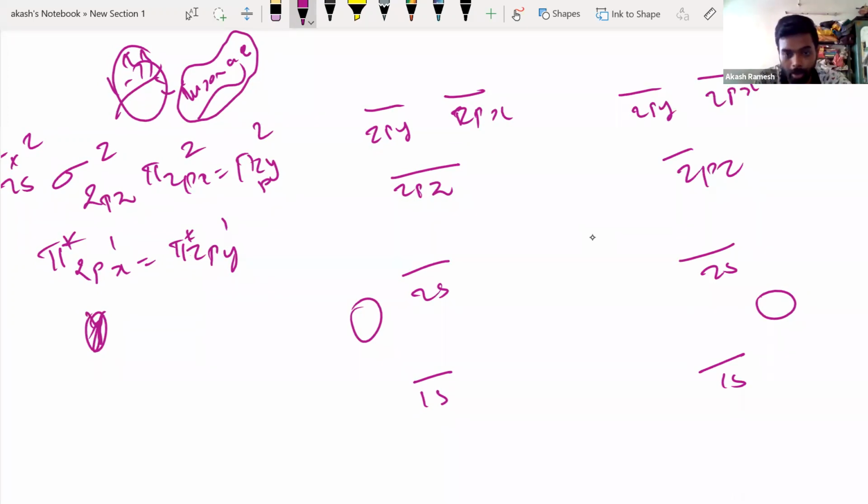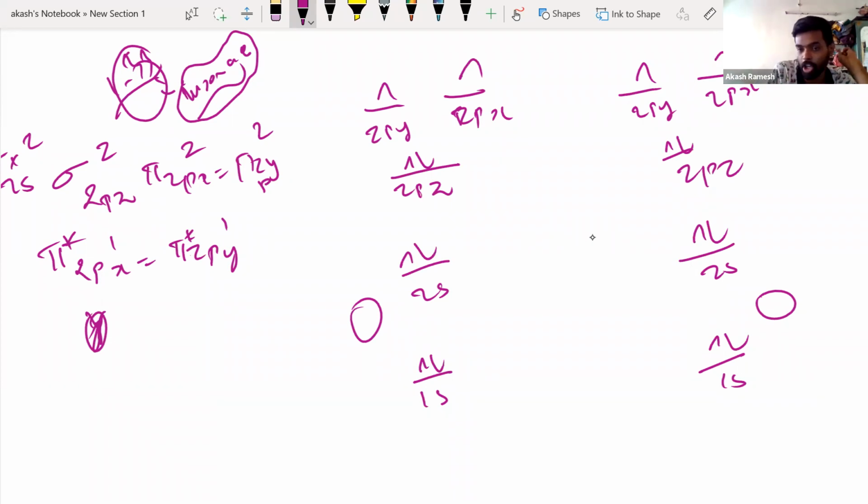Now we'll fill the electrons first. It is 1s2, 2s2, 2p4, so 2p4 like this: 2 electrons, 2 electrons, 2 electrons, 1 electron, 1 electron. Total atomic number 8.